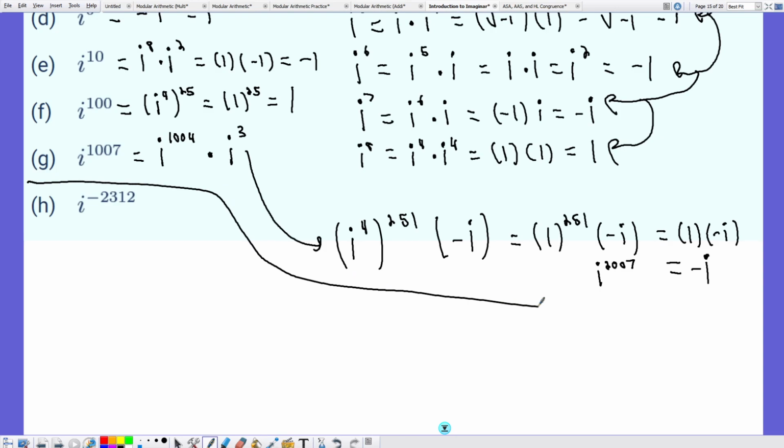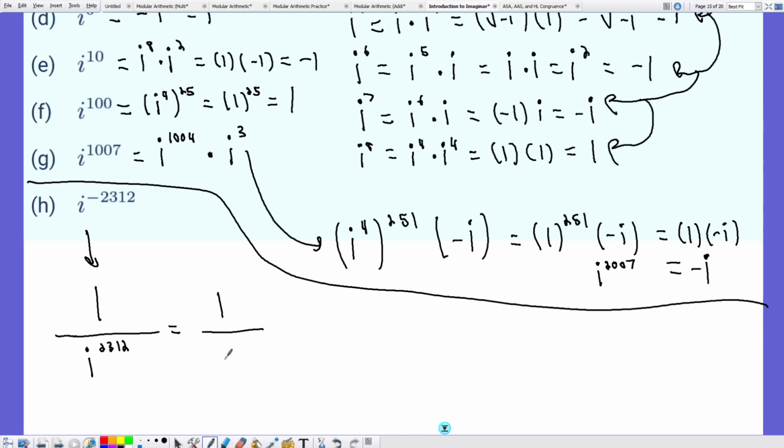Now for the last one, we have a negative exponent. Oh my gosh. Well, hopefully we remember with those negative exponent rules, you have to put it on the opposite side of the fraction. In this case, we're going to have 1 over i to the 2312th power. And that happens to also be divisible by 4.